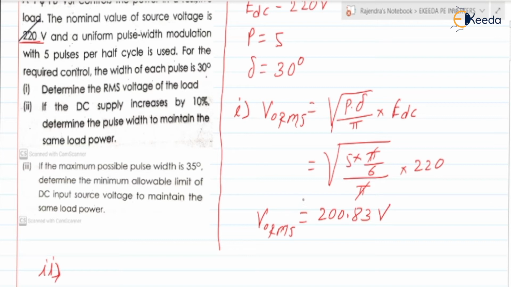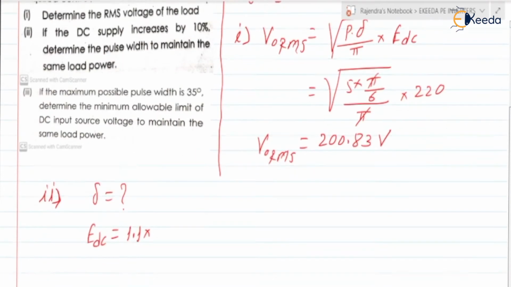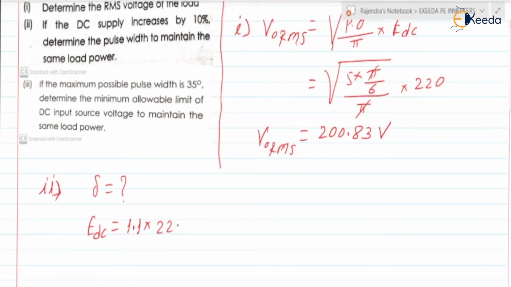Our task is to find the pulse width, which means delta, for the second bit. It is given that supply voltage is increased by 10%. So now EDC is 1.1 into what is the EDC given? EDC given is 220, so 1.1 into 220.